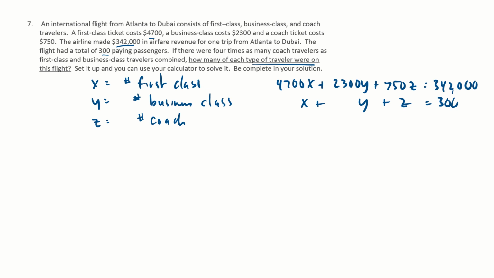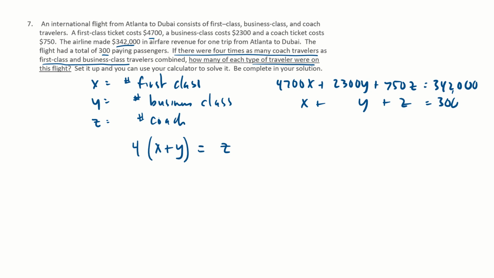Then the next one is the one that you got to be careful on. There's 4 times as many coach as first class and business travelers combined. So first class and business, how does that compare to the coach? Well, it says there's 4 times as many coach travelers. So there's 4 times as many of the Z travelers. So that means I have to multiply the other side to make them equal.